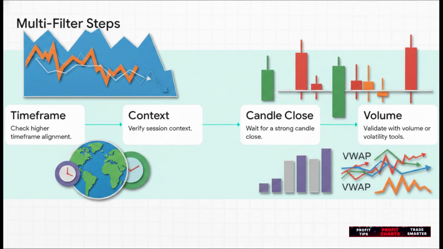Second, verify the session context. Third, and please don't skip this, wait for a definitive, strong candle close to confirm the level is actually broken. Do not trade the wick. If the body of the candle doesn't close over the line, it is not a breakout, period. And fourth, validate the whole move with volume expansion or a volatility tool like the VWAP or ATR.